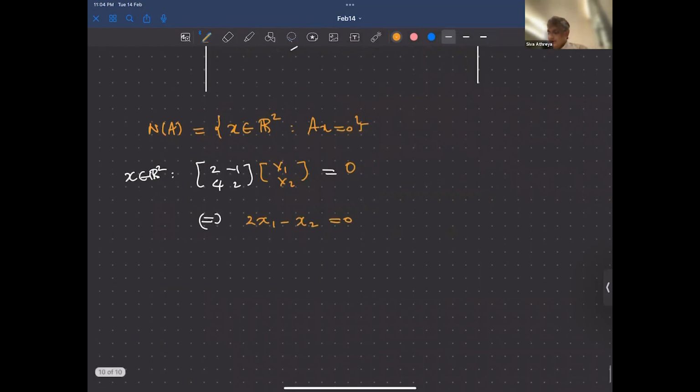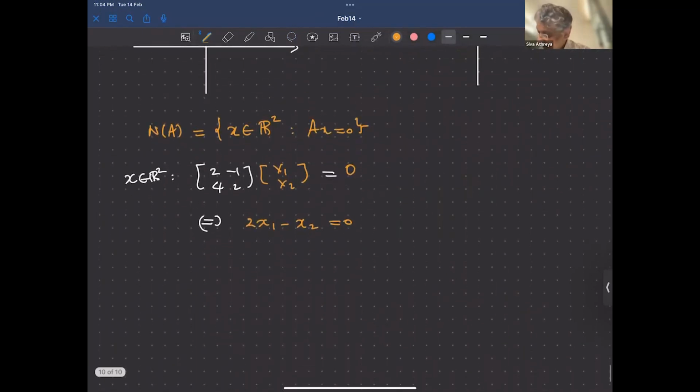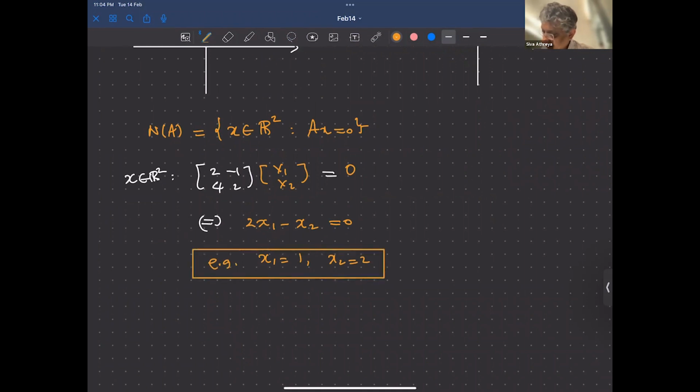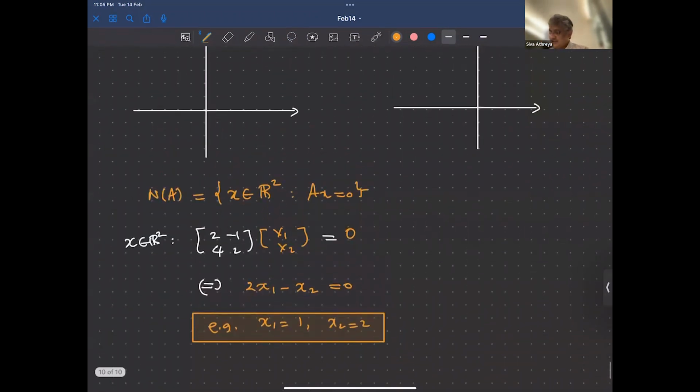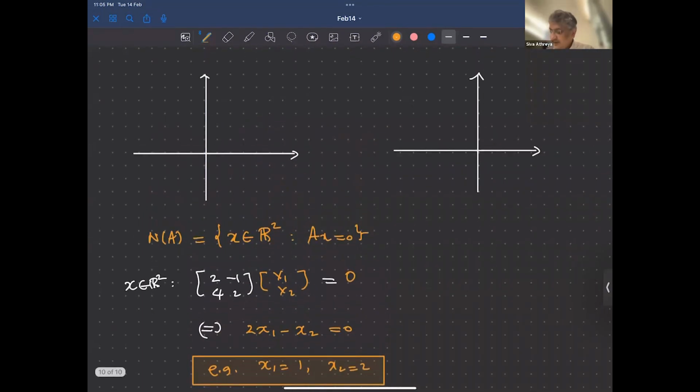That means x1 equal to 1 and x2 equal to 2 is a possible solution.